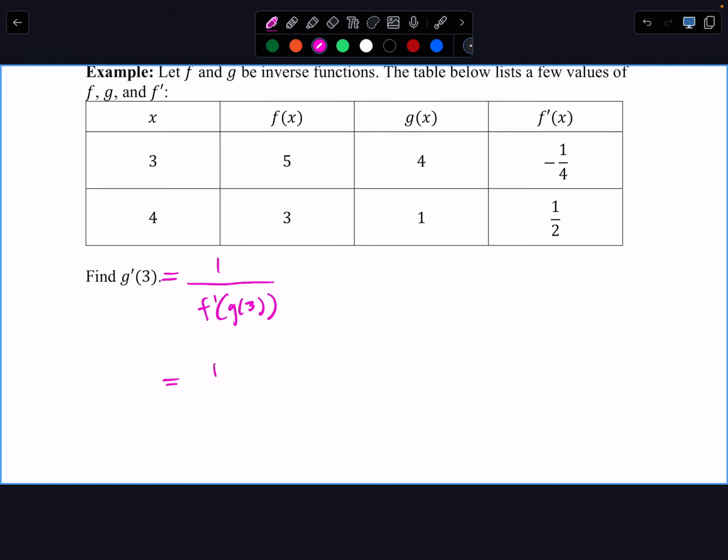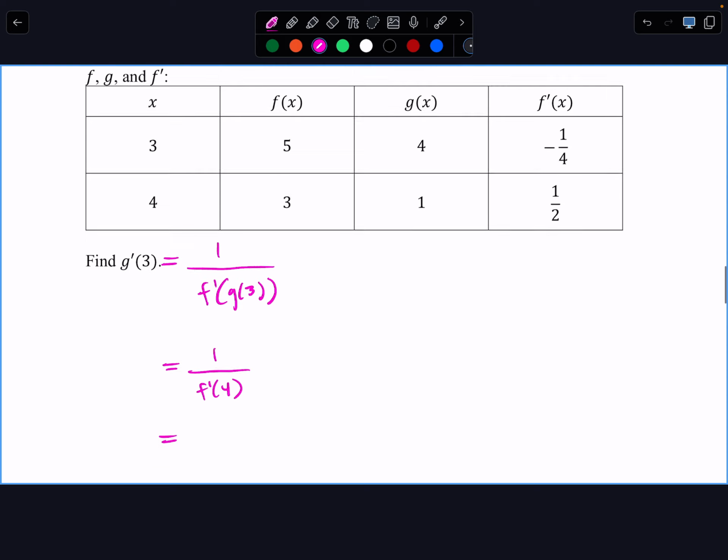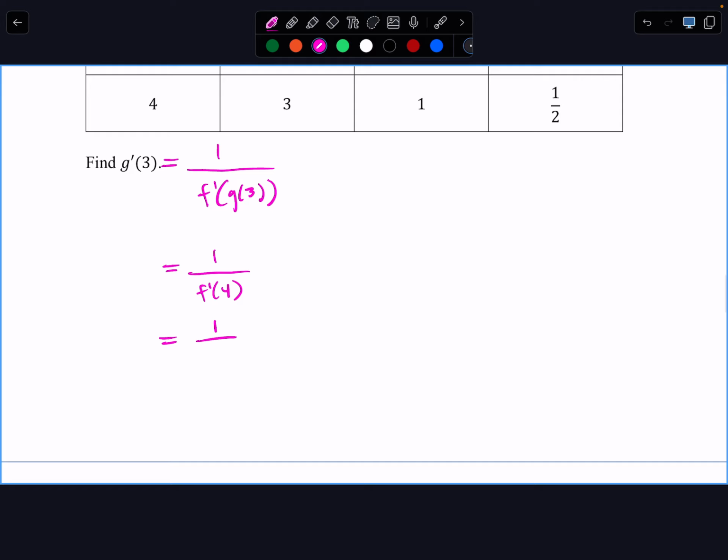Reading the table, g of 3 would be 4. And then f prime of 4 would be 1/2, which means g prime of 3 is equal to 2.